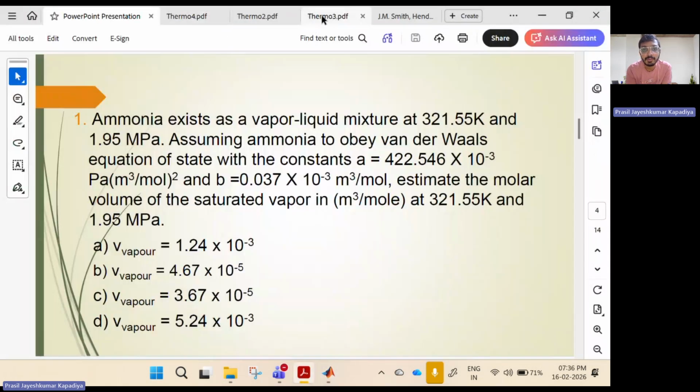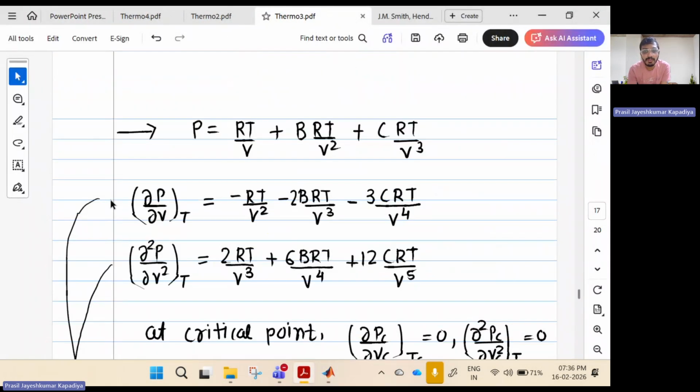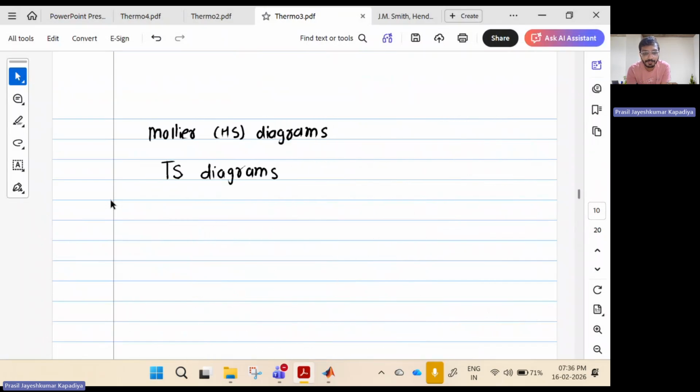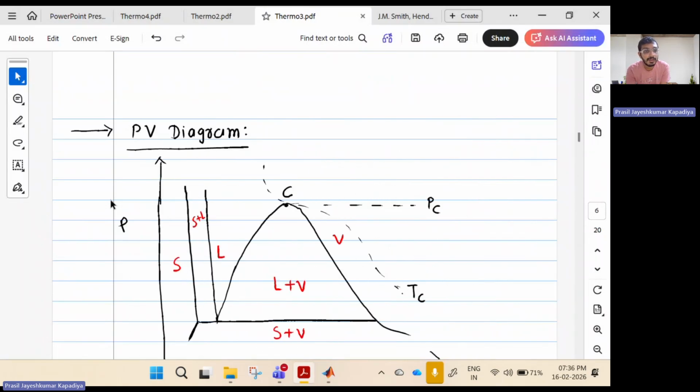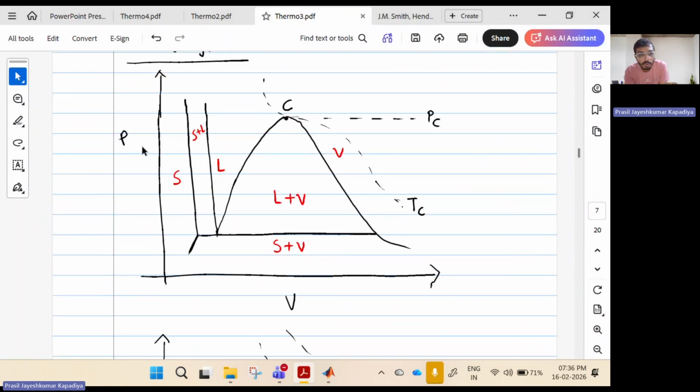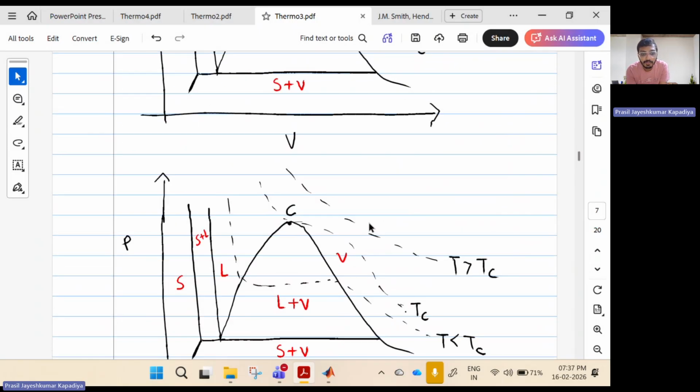Okay, so for any equation of state, when we have a look at the PV diagram, for solid and liquid, when I decrease or increase the pressure, the volume change is very little. But when I'm going from liquid to vapor phase, there is a significant volume change.